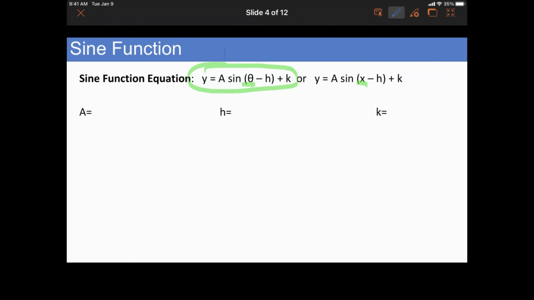So the number in front stands for the amplitude, and we talked about that. The distance from the x-axis to the highest or lowest point of the graph. Distance-wise, which it would always be positive. H, just like any other graph function that we've graphed, represents h. That is going to be our shifting to the left and right.